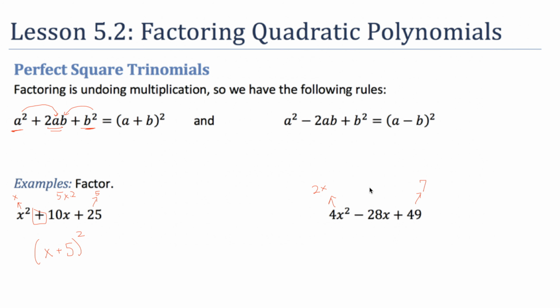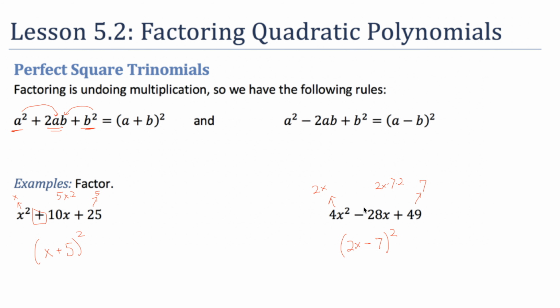And if we took 2x times 7 and multiplied it by 2, would it give us this term? 2 times 7 is 14, times 2 is 28. So it does. Since those three things check, we know we can have 2x coming from here, minus sign coming from here, and 7, and the whole thing squared.